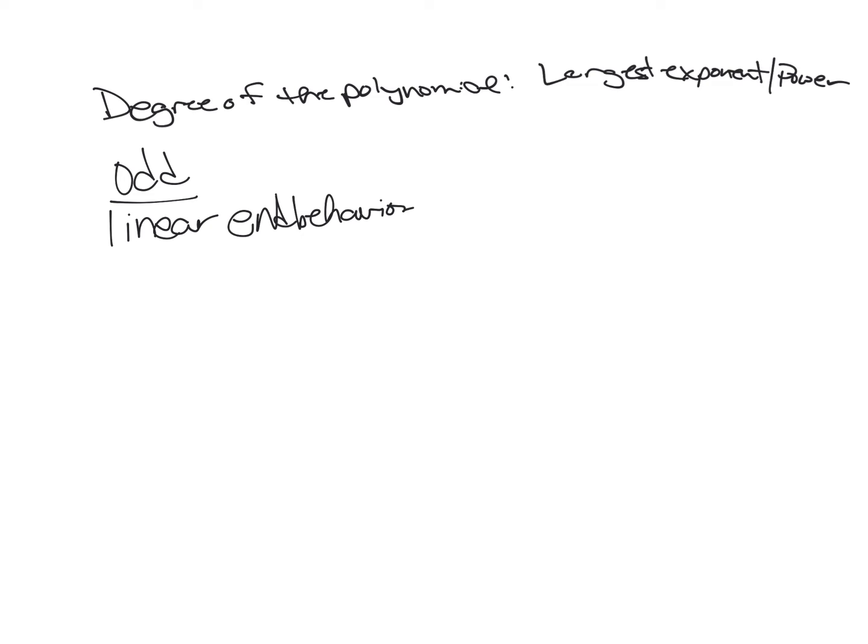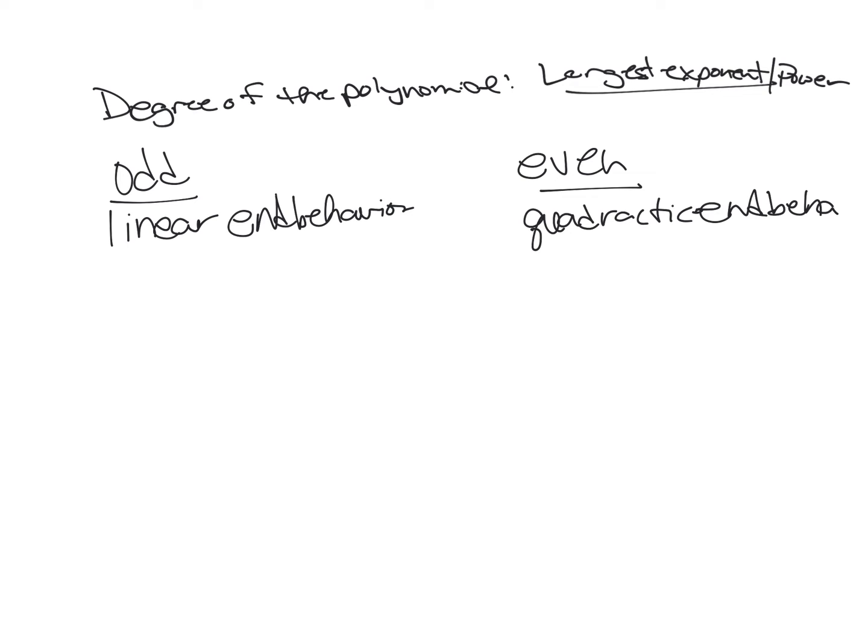And if it's even, again, when I'm talking about the degree of the polynomial, the largest exponent, then it will be like a quadratic end behavior. That depends on if it's positive or negative slope.